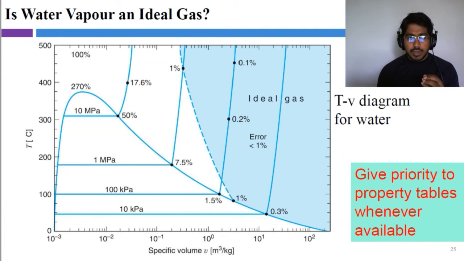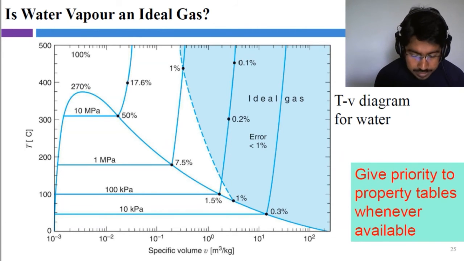It is developed based on empirical or experimental results, right? The ideal gas equation is an assumption or an approximation. And can we use the ideal gas equation for water vapor or not? It's kind of a yes and a no, right?